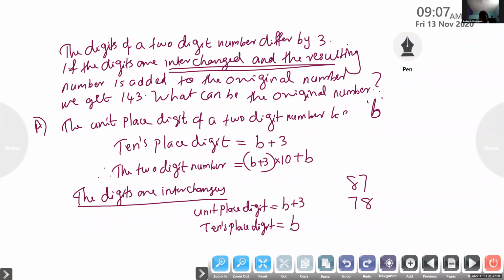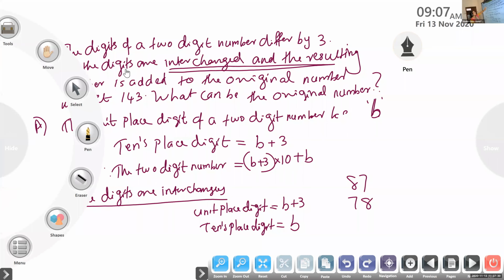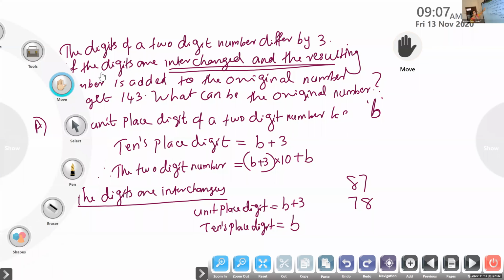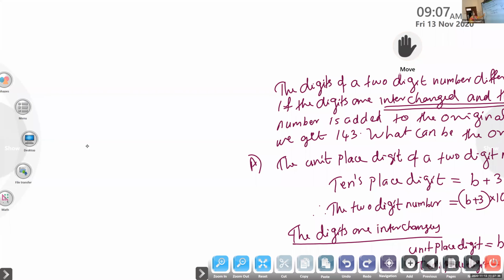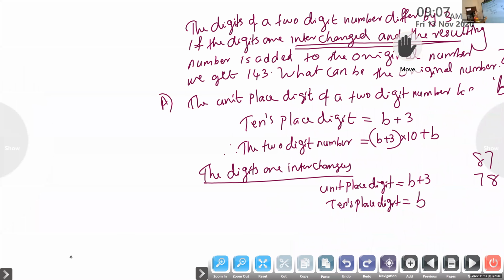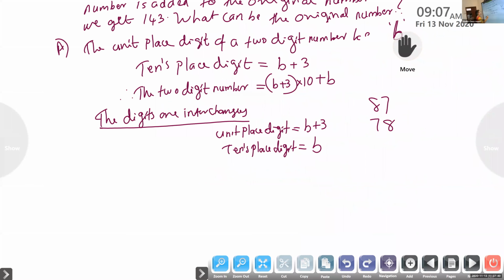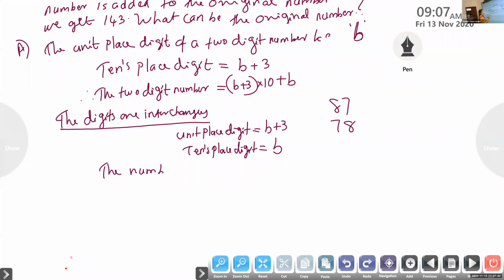In that case, when we interchange the digits, what is the number? Tens place digit is B. So B into 10 plus the unit place digit B plus 3.